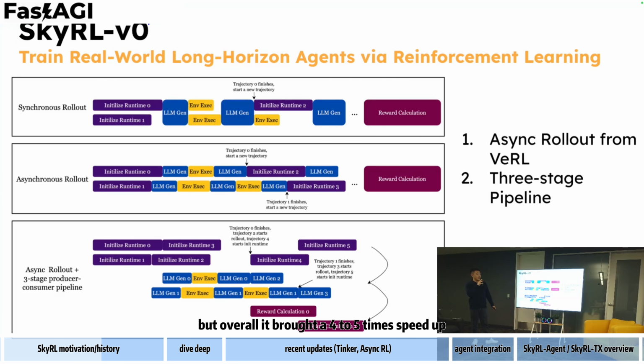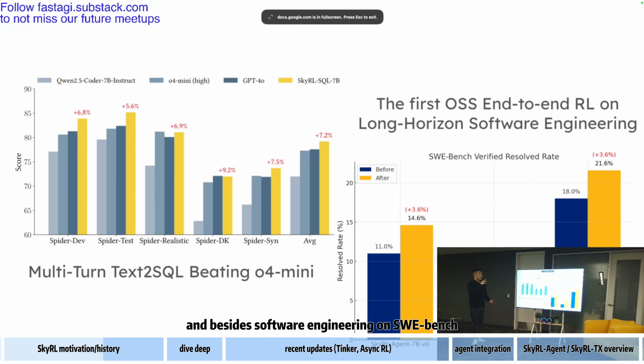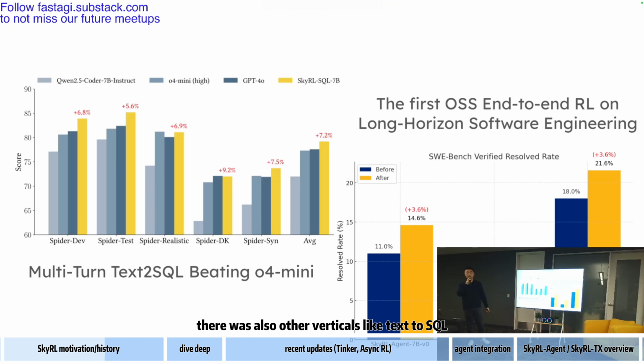But overall, it brought a 4 to 5 times speed up over the baseline implementation. And besides software engineering, on SWE-Bench, there were also other verticals like text to SQL, beating O4 Mini. And it was the first open source, fully open source end-to-end RL on long horizon software engineering tasks.